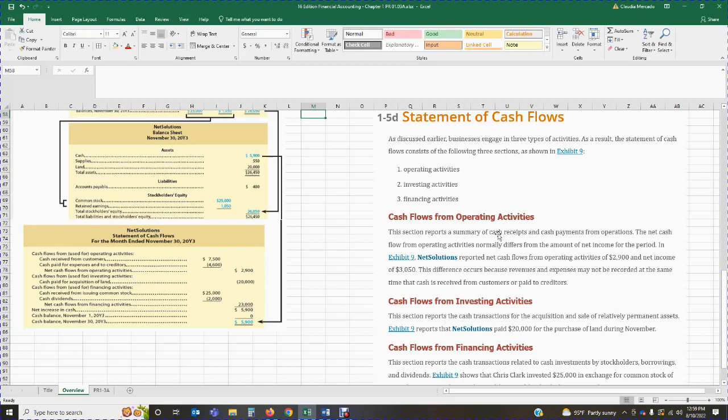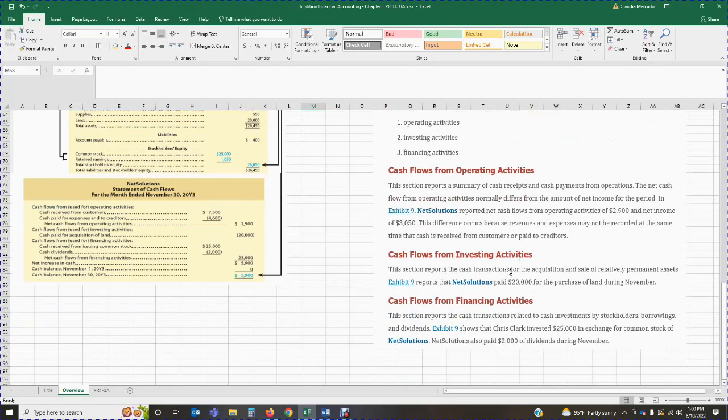Anything that you received or paid as a result of the business operations goes under the operating activities section. The net cash flow from operating activity normally differs from the amount of net income for the period. The difference occurs because revenues and expenses may not be recorded at the same time that cash is received from customers or paid to creditors.